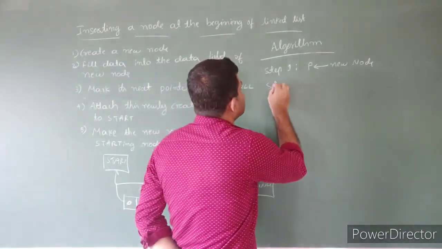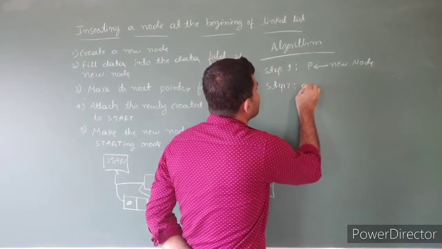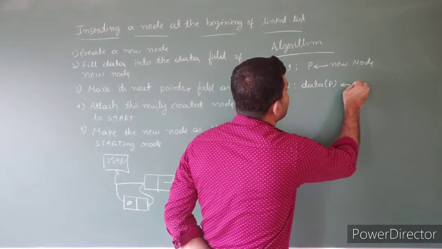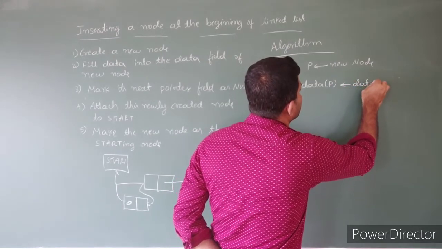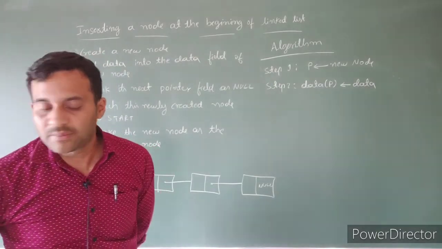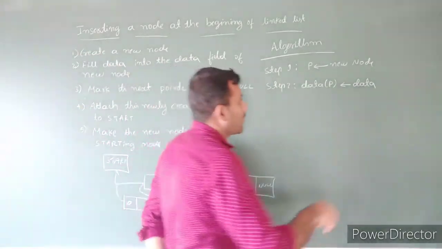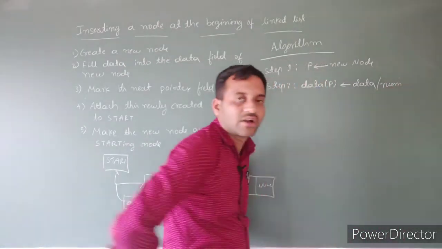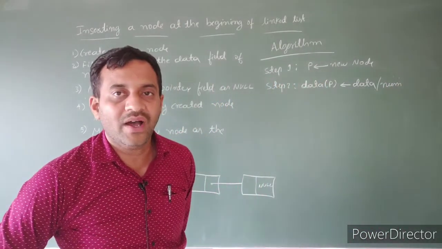That is step 2, for the data part of P, we have to fill the data. Here data means any value, it may be data or a number. Any value we have to assign.